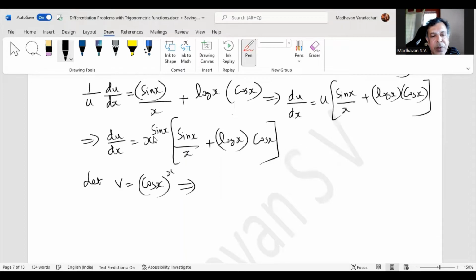Taking logarithm on both sides again, we get log v is equal to x times logarithm of cos of x.